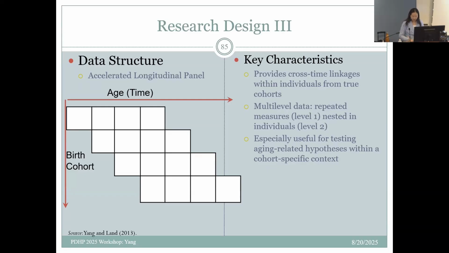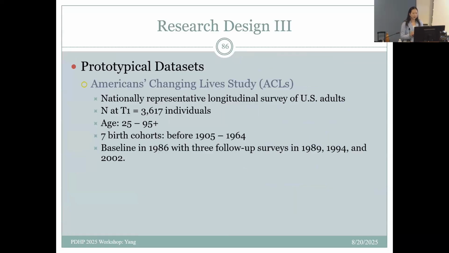So this is a very promising kind of data that we could use for that. And also with more waves of data collection, we have longer age trajectories forward in time, which will contribute to less confounding of age and cohort variables.